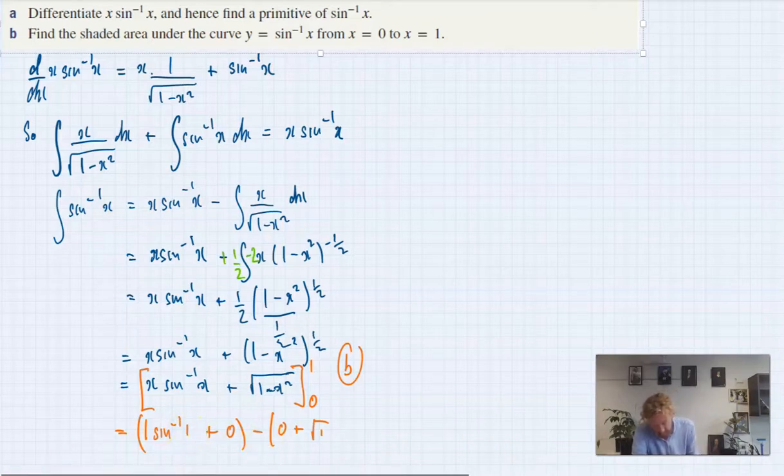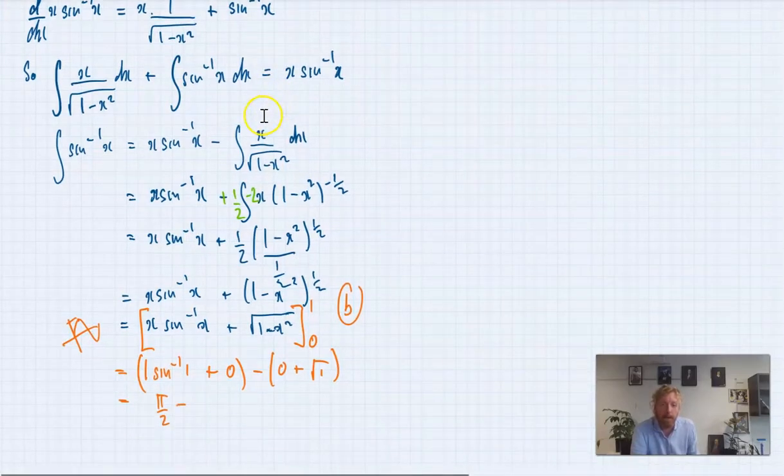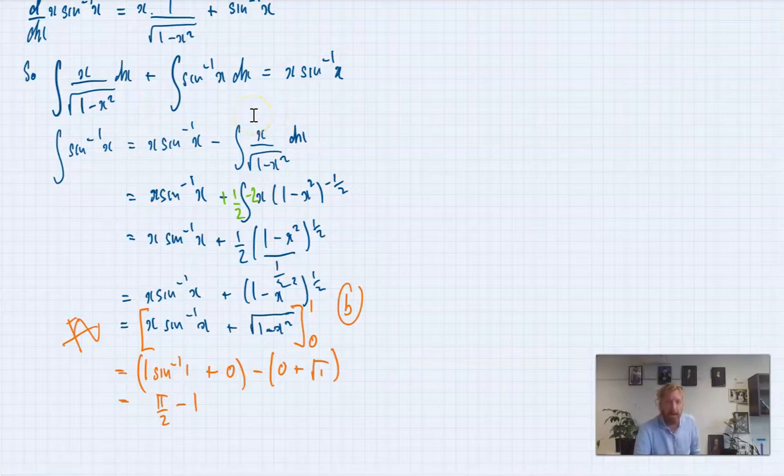If I think back to my graphs, to get 1, I'm at pi on 2. So it equals pi on 2 minus 1. Pi on 2 minus 1, what's that? 3 and a bit, 1.5 minus 1, 0.5-ish. Okay.